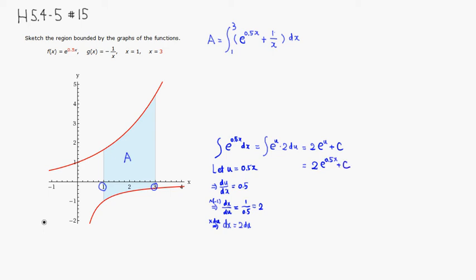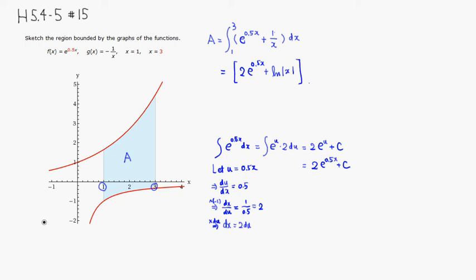So the antiderivative of e to the 0.5x is 2 e to the 0.5x. So it's 2 times e to the 0.5x, and plus the antiderivative of 1 over x, which is natural log of absolute value of x.